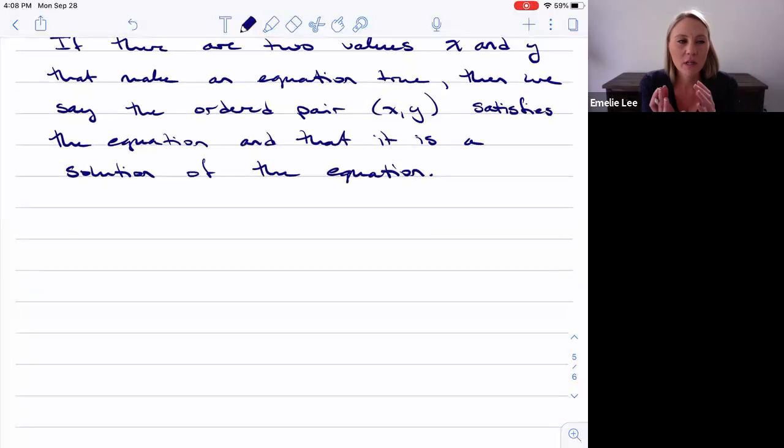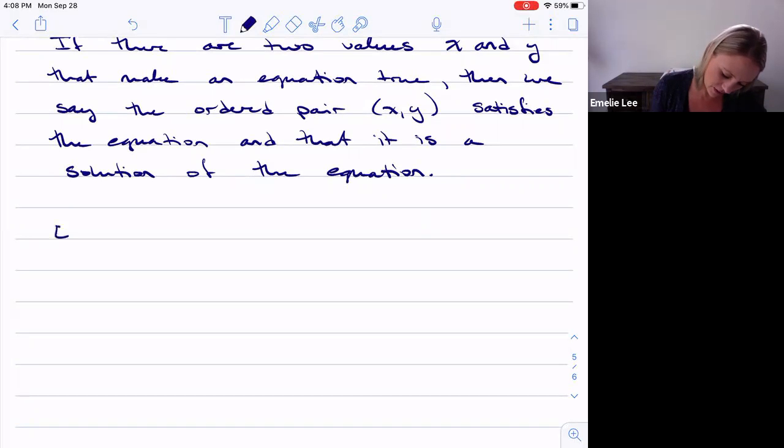So we have an x-coordinate and a y-coordinate, and if we just have some set of ordered pairs, we can figure out if they make an equation true, and that would make them a solution.